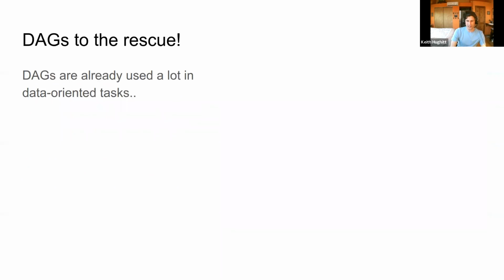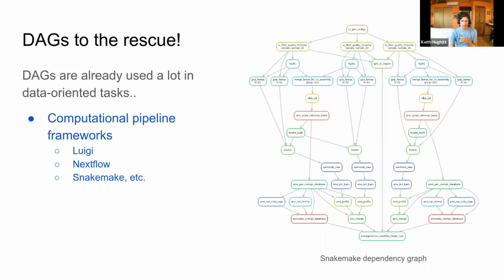DAGs are already used a ton in data-oriented and software tasks. One example is computational pipeline frameworks. This is an example from Snakemake, but many of the other pipeline frameworks, Luigi, Nextflow, very likely use similar kinds of data structures under the hood to handle dependencies of pipeline steps.